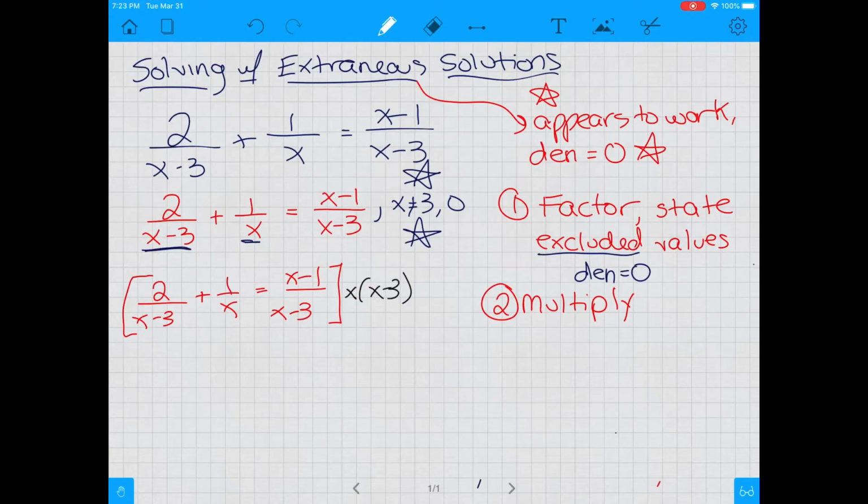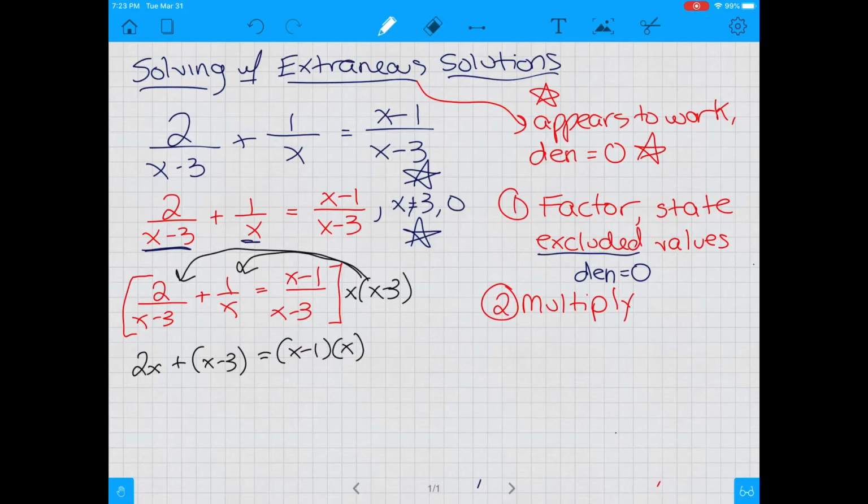So I'm going to multiply by that. When I distribute, this loses the x minus 3, but I gain the factor of x. The second term loses the x but gains the x minus 3. And my last term, I lose the x minus 3, but I gain a factor of x.